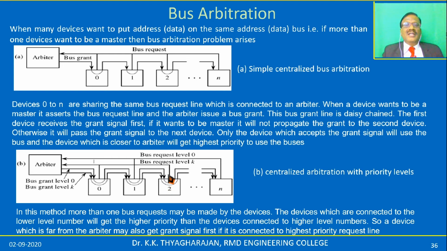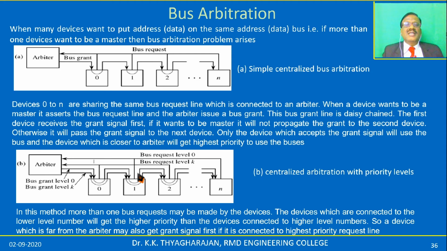But device 2 is not connected to bus request level 0, so it will not accept that. It will pass it to the next one. Only device n is connected to this bus request level 0, so it will accept. So the devices which are connected to level 0 will be given the highest priority.